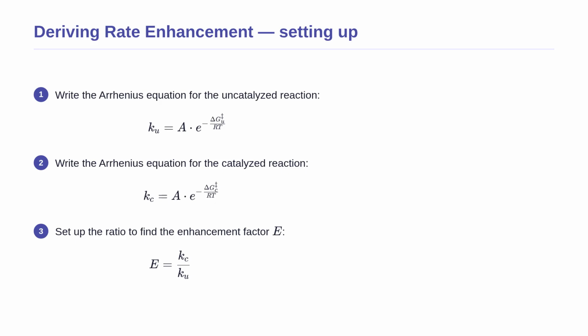Then, we write the exact same equation for the catalyzed reaction, using its much lower activation energy. To find out exactly how many times faster the catalyzed reaction is compared to the uncatalyzed one, we simply need to set up a mathematical ratio, dividing the catalyzed rate constant by the uncatalyzed rate constant.